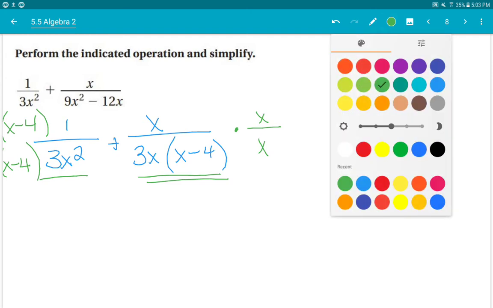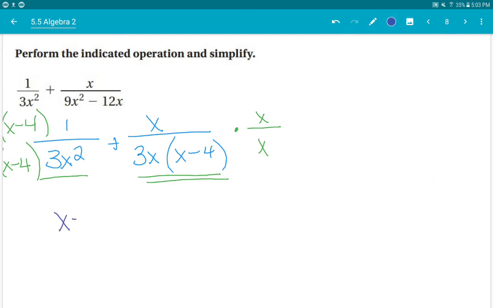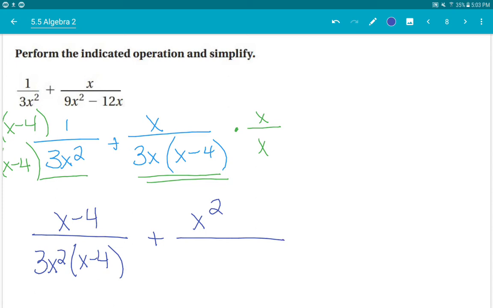All right, so now let's do some algebra here. We're going to have x minus 4 in the numerator. In my denominator, it's usually easier if you just leave it in factored form. You only have to multiply the numerator portion of the fraction. So we're going to have x times x, which is x squared, and in the denominator we get 3x squared times x minus 4.